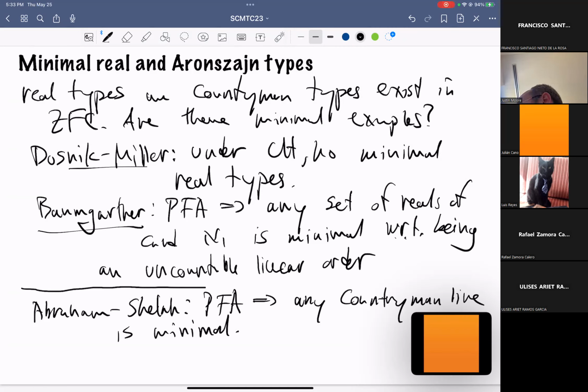I think MA aleph 1 is sufficient for this result. If you have the full strength of PFA, or rather PFA for posets of size aleph 1, you can prove a bit more. You can prove that if you take any two Countryman lines, then they're either bi-embeddable with each other, like each one embeds into the other, or each one embeds into the reverse of the other. Countryman lines have this property that they cannot embed into their reverse, so this is optimal.